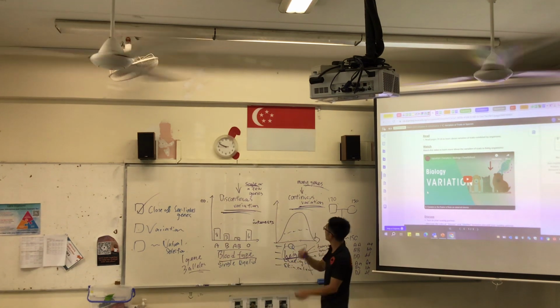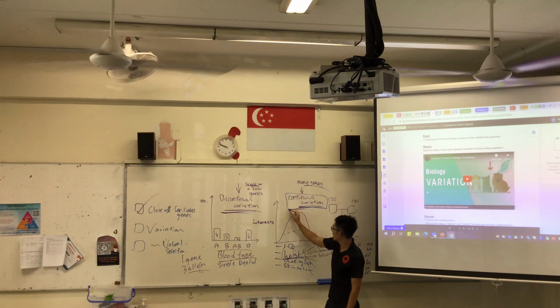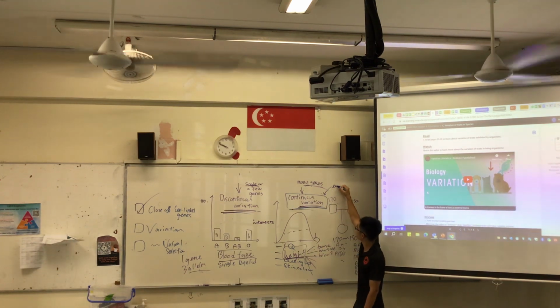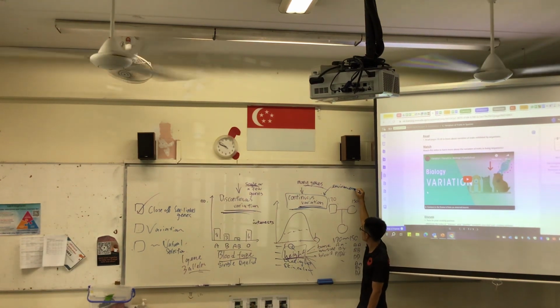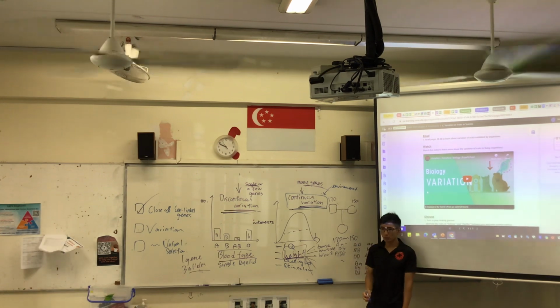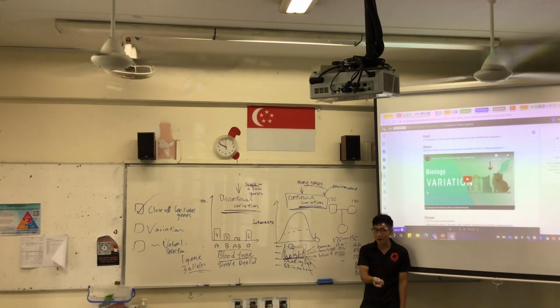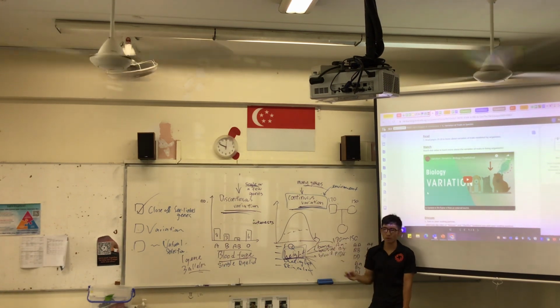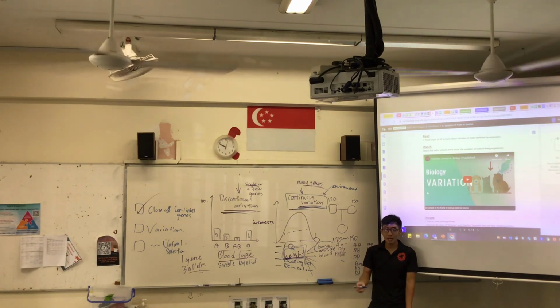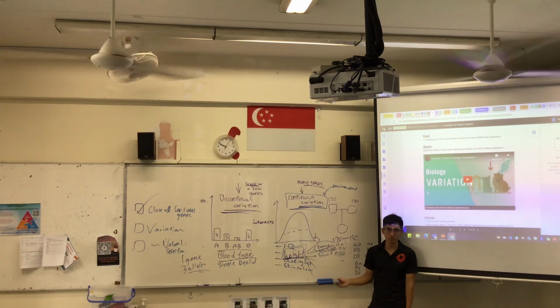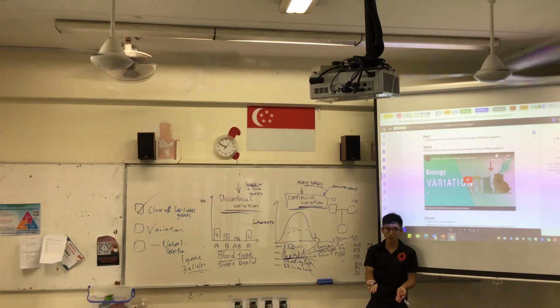Second thing to take note of, continuous variation is often affected by the environment. For example, you look at height, honestly, if you do not eat enough, chances are your bones will not become strong. You don't eat enough protein, you don't grow enough muscle, you won't hit your full potential.